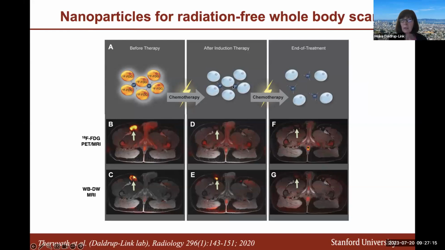And then it takes a little longer for cells to develop apoptosis and for the interstitium to increase in size such that we have more movement of the protons. And therefore, if we do an early follow-up scan, we often already see the metabolic response, but we do not see the response on diffusion-weighted scans yet.